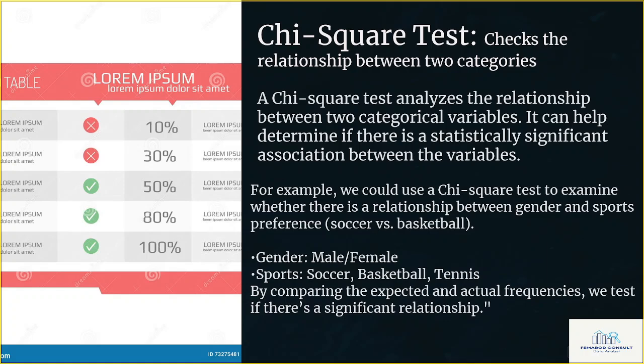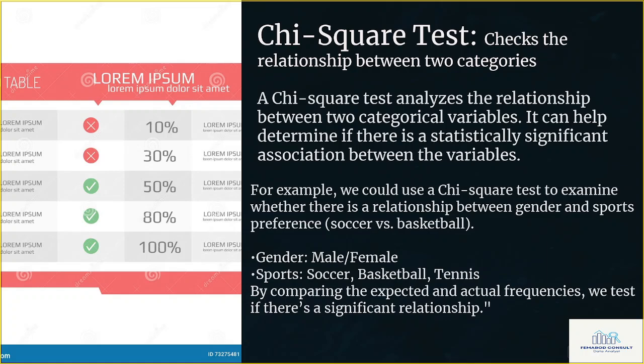Maybe you notice that most females prefer rice while most males prefer solid or swallow food. Then you could use that data to balance the amount of food you are going to provide for them where an alternative is available. But if it's a school where they want to force everybody to eat the same thing, that's totally different. So the chi-square test also helps us to check the relationship between two categories.